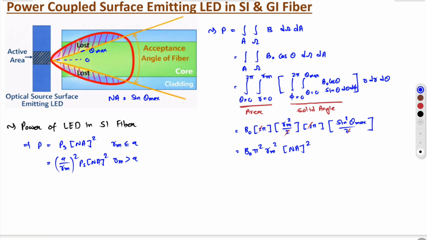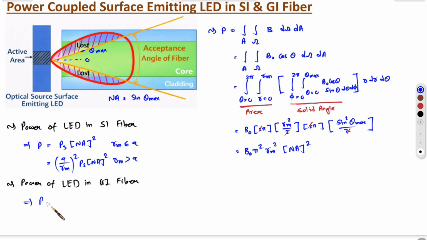Now let us talk about what will be the equation for graded index fiber. Power of LED inside graded index fiber will have the same integration, but here the value of numerical aperture is dependent on the radius as well. And that calculation is not given in different books. So I'll be directly writing that equation over here.